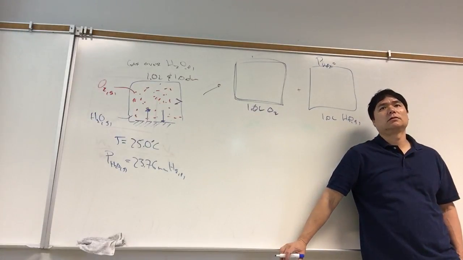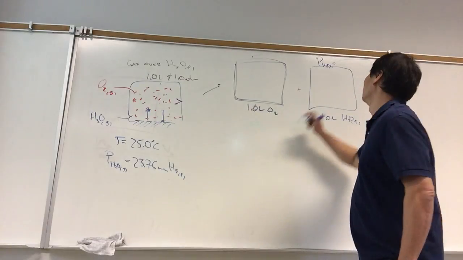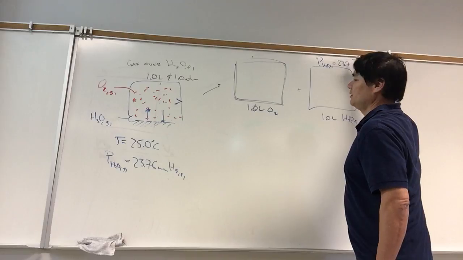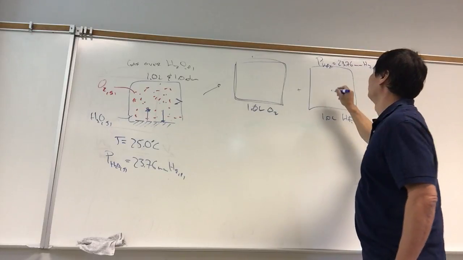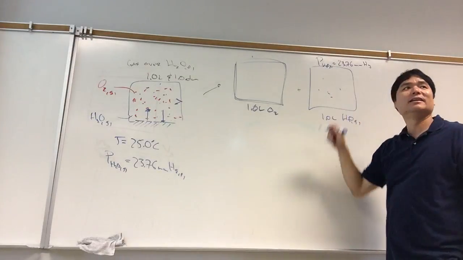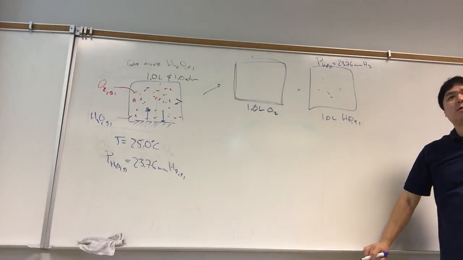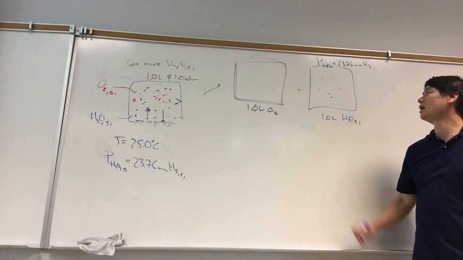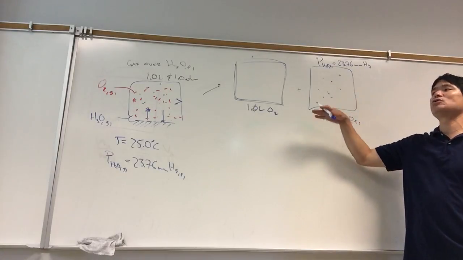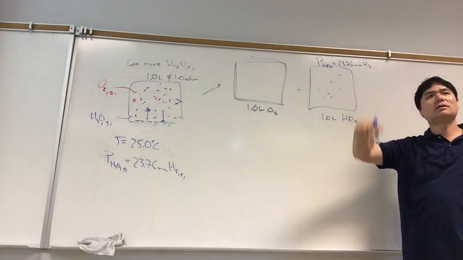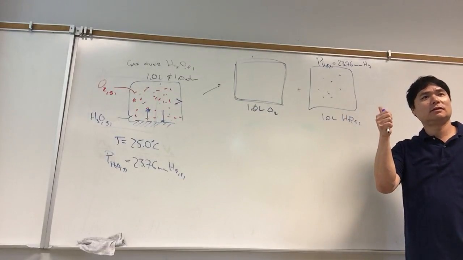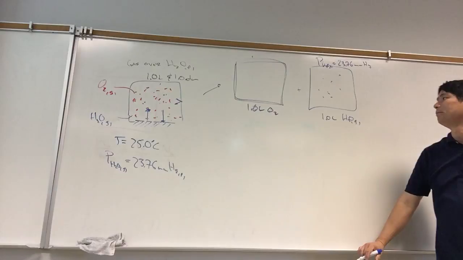Yeah, we'll just leave it in millimeters. 23.76 millimeters mercury. Does everybody see that? It's the vapor pressure. If I have a 1 liter box, that 1 liter box has to increase to a pressure of 23.76 so that the condensation rate equals the evaporation rate.